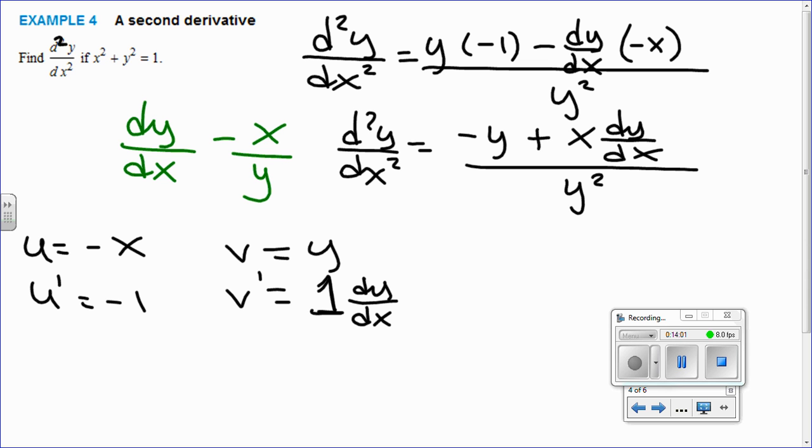Now, do you guys think that we're done? No, because we still have a dy/dx here. So how can we fix that?